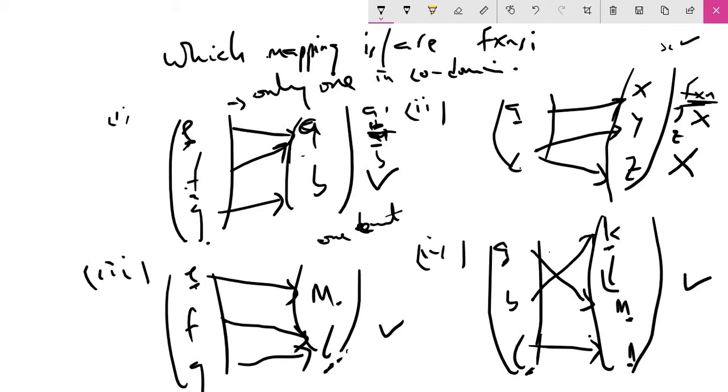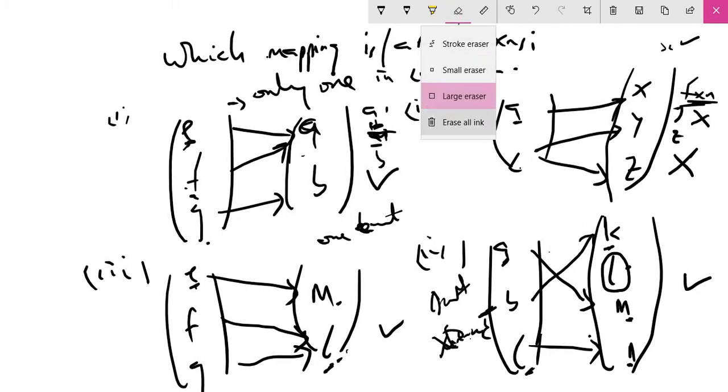So you see that it doesn't matter whether all of the elements in the codomain are used or not, right? So we can have one element not used. However, we can't have one or more of the domain elements unused. No, we can't have that. Here's what I mean.